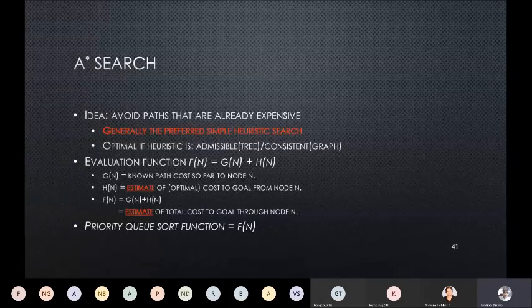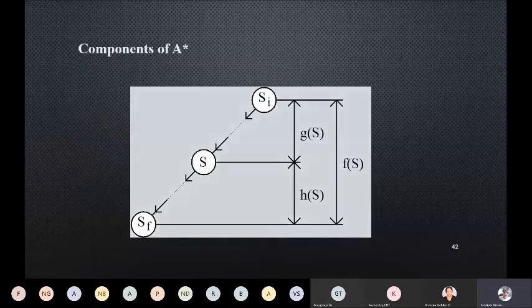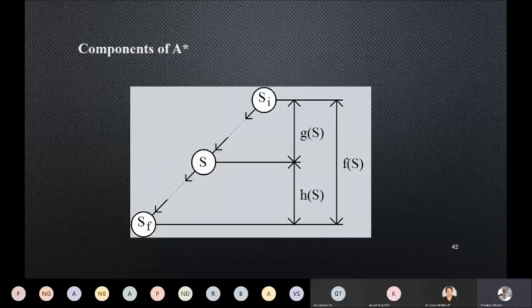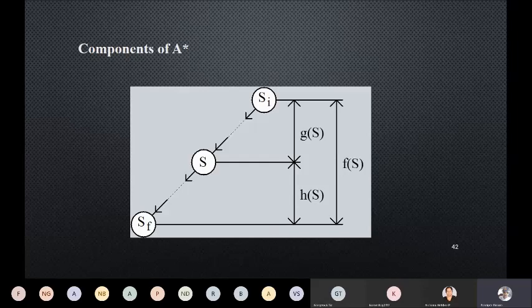So let us look at these g(n) and h(n) in slightly more detail. Think you started the search from S_I. S_I is the initial state, here Bangalore. From Bangalore, I want to go to London. So presently, I am in Dubai. Since I flew from Bangalore to Dubai, I exactly know how long I have flown and how much time it took to fly from Bangalore to Dubai.